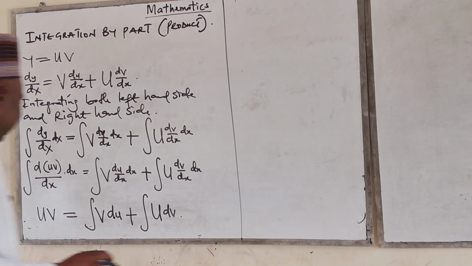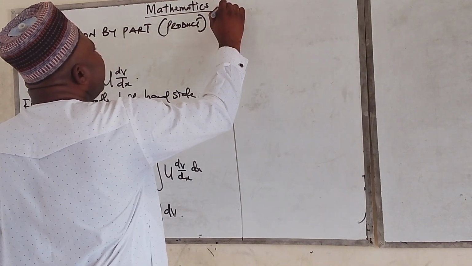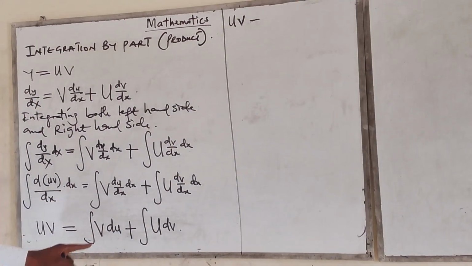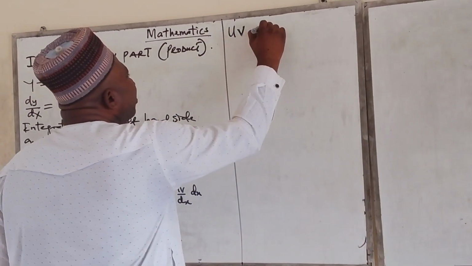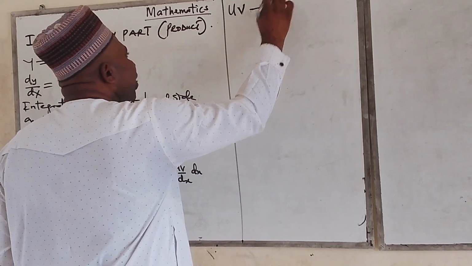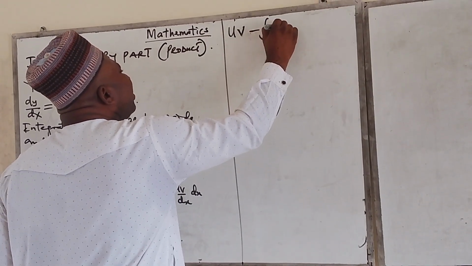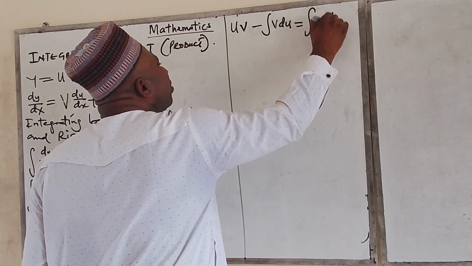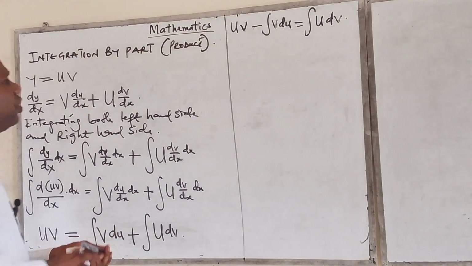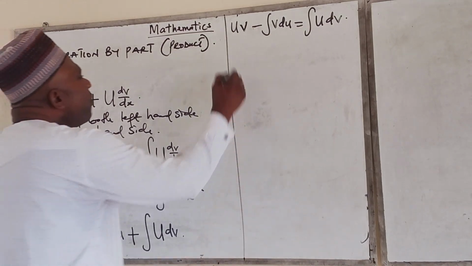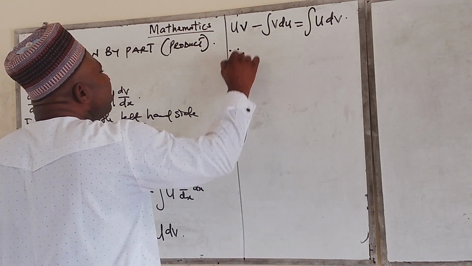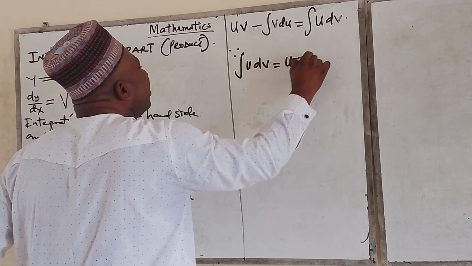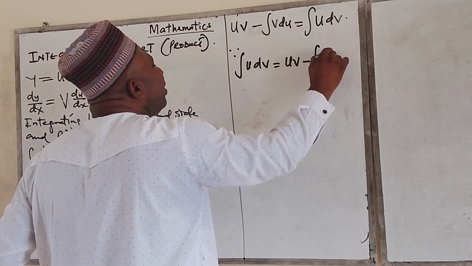It therefore means that uv minus integral v du is equal to integral u dv. So integral u dv is the same thing as uv minus integral v du.